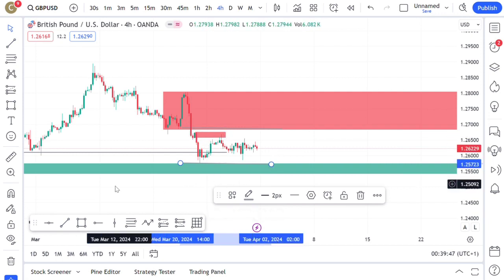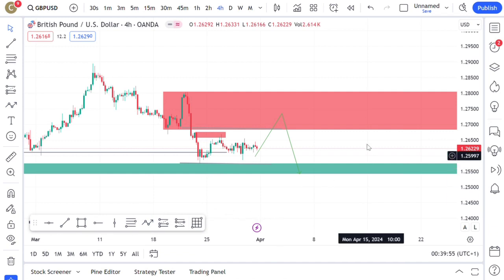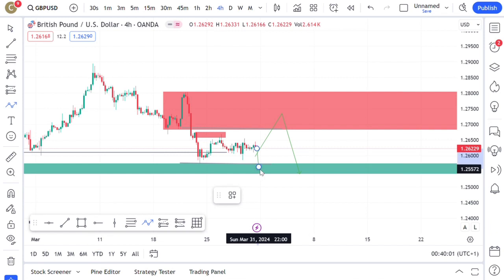So if price from here breaks here, then you should expect the bearish push. Then if price decides to come down first, if we expect it to cover the imbalance, then it will still come back to this bearish zone that is very clear in the daily time frame. You should expect a downward push.